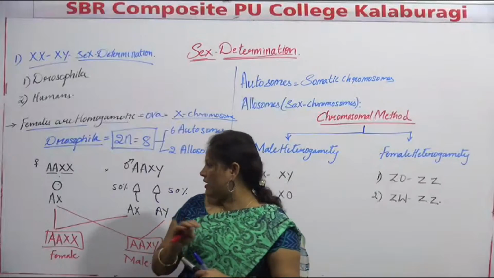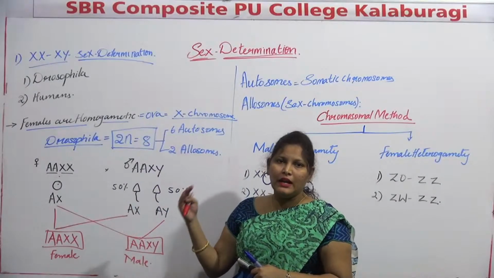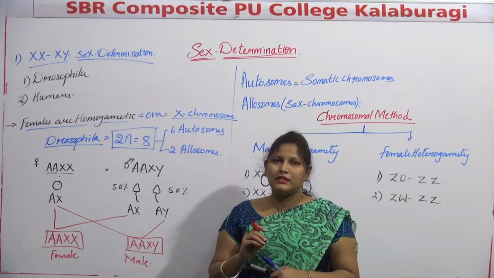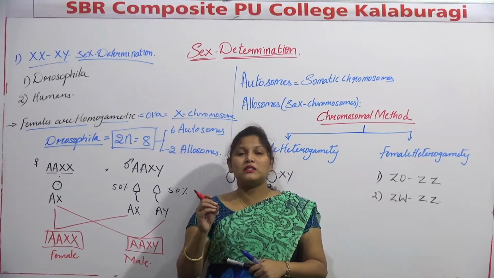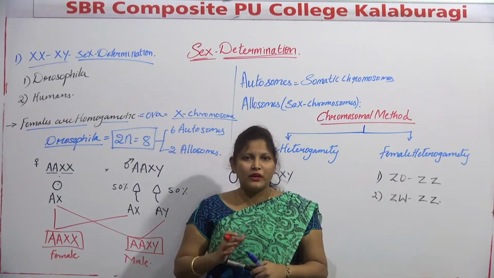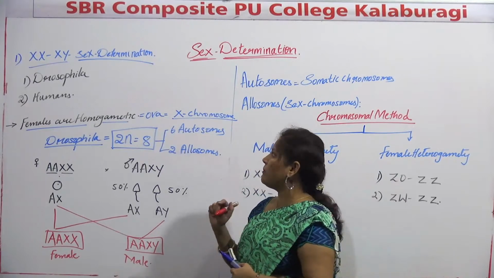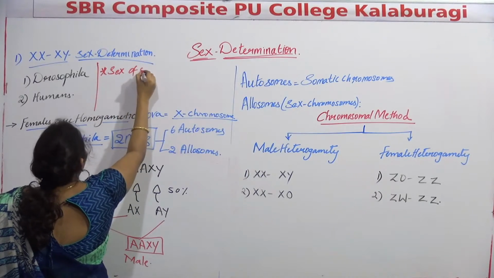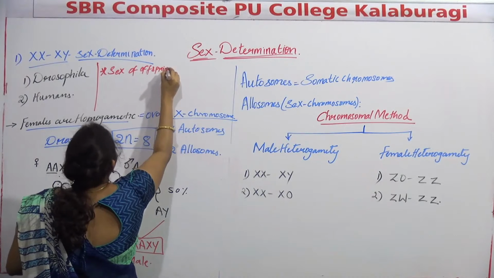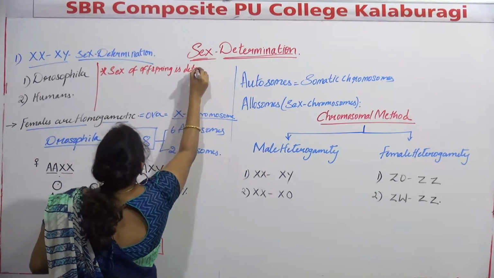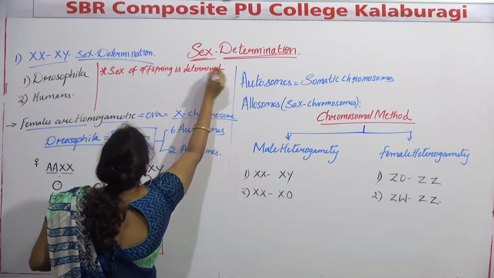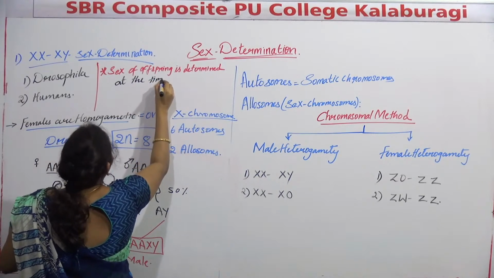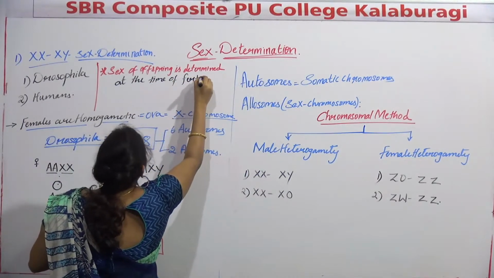So in male heterogamety, the sex of the offspring is determined by the fertilizing sperm, and always at the time of fertilization. Two points you need to remember here: the sex of the offspring is determined at the time of fertilization.